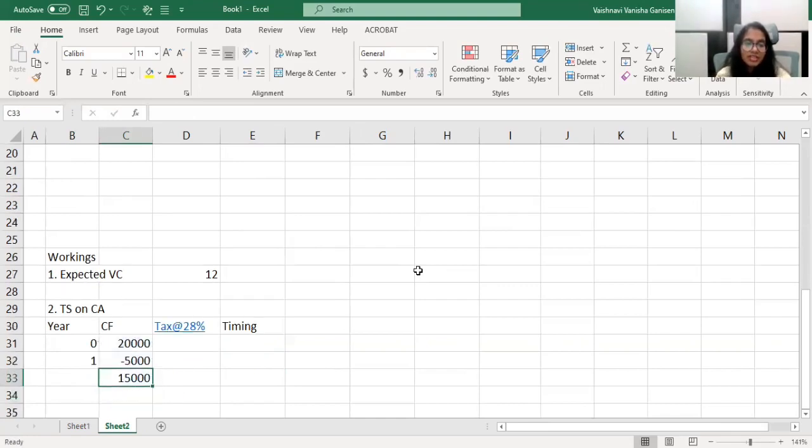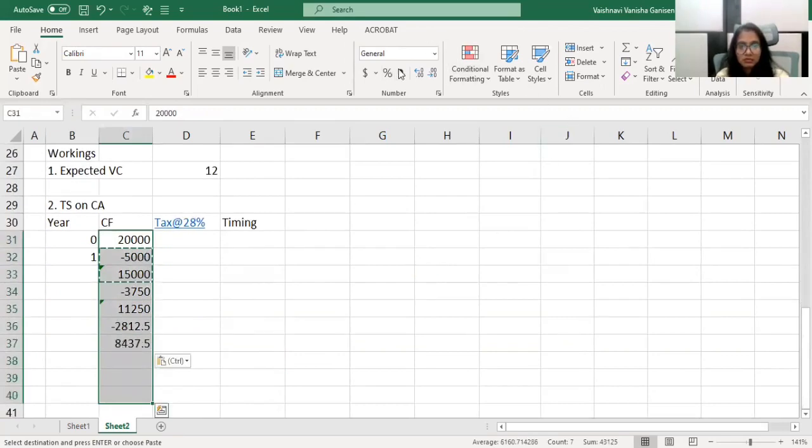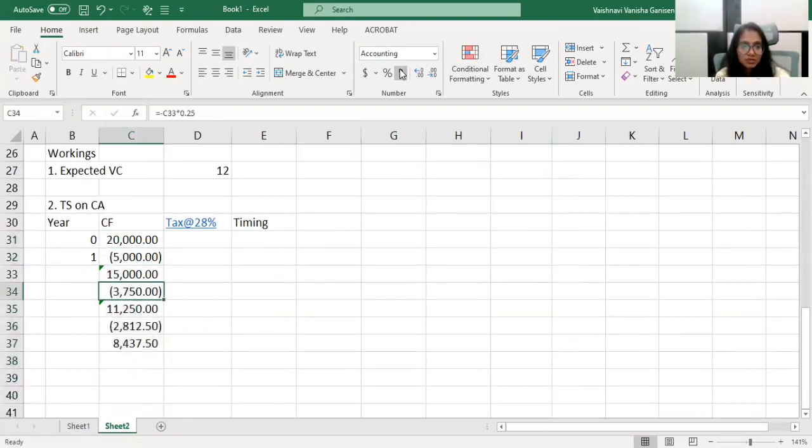Add together. So guys, remember what I told you? You copy, you paste for year 2 and year 3, then you label it first. Then you minus scrap value, in this case is 0. So your year 4 will be this.